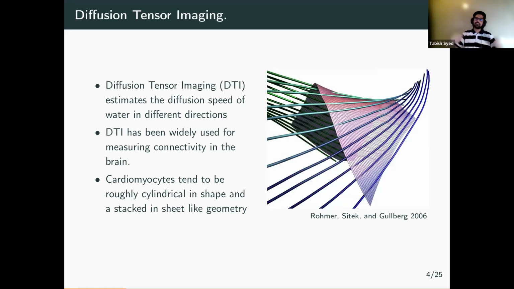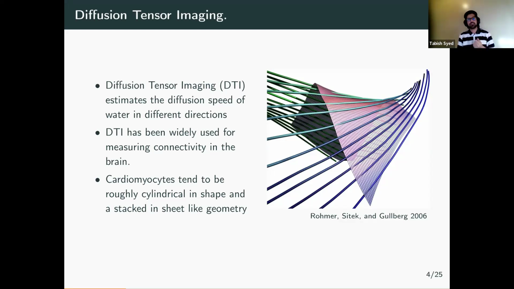You take this orientation at different points and then put them together into what are called myofibers. Because these cells stack one after the other, you can talk about these myofibers, or fibers along which water diffuses.